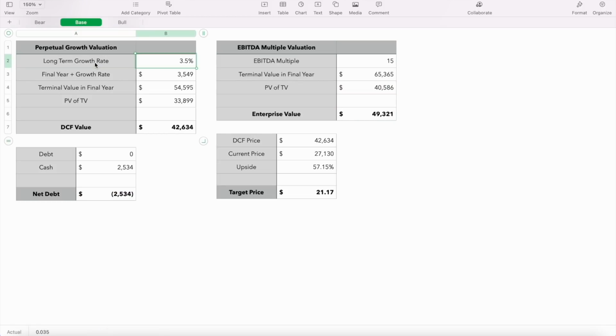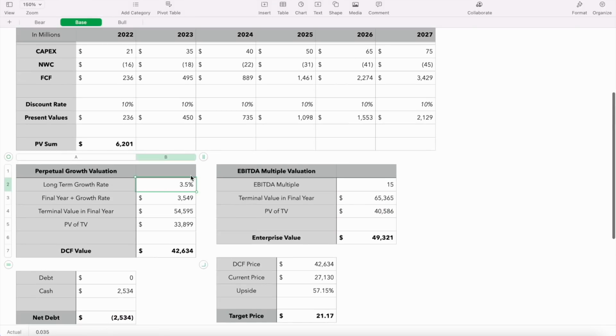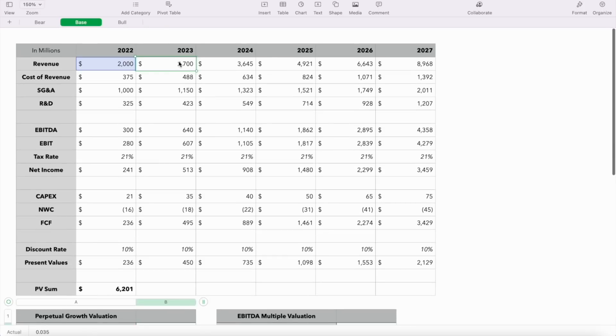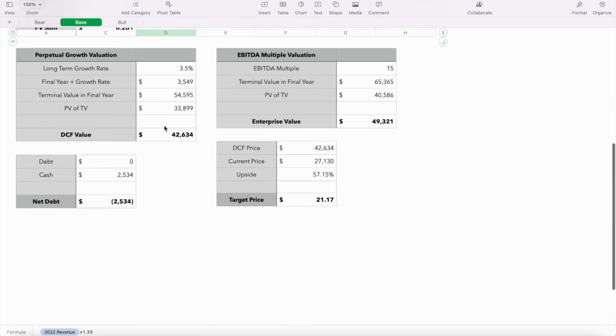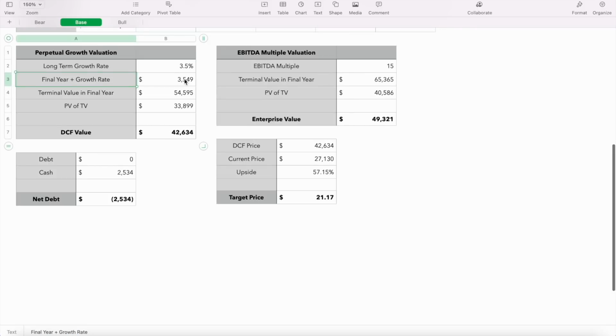Now, for the long-term growth rate, 3.5%, and that's almost corresponding with my 35%, not that that means anything. And then we've got, once again, the final year plus the growth rate, terminal value in the final year, and all the way down to the DCF value. Nothing changing in terms of debt and cash.